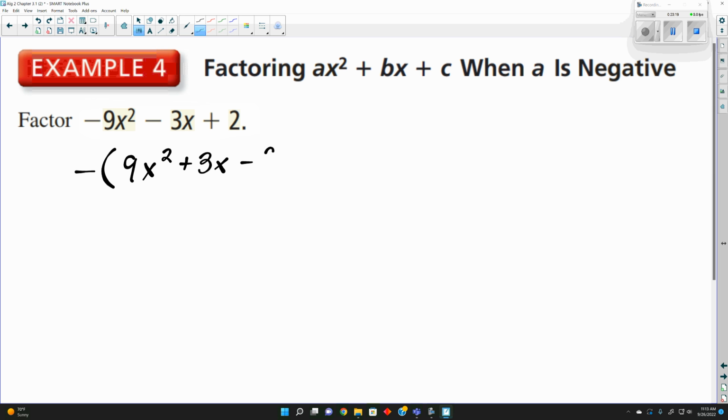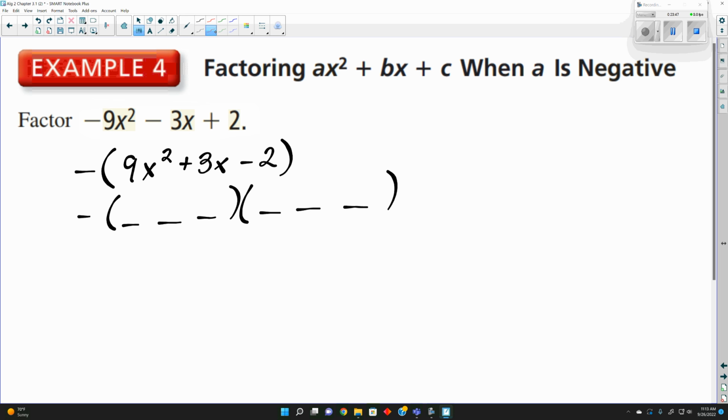And the positive 2 is going to become negative. If we didn't factor that out, we would have to be looking at the factors of negative 9. Because the way we do step 3, our signs only take into account whether the third term is positive or negative. It's not working with the first term.